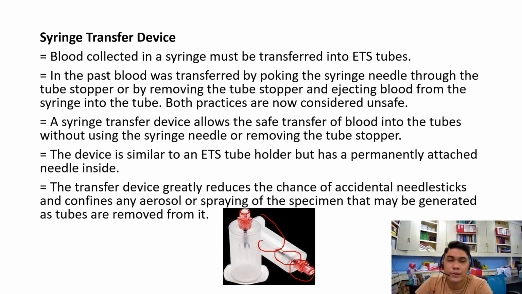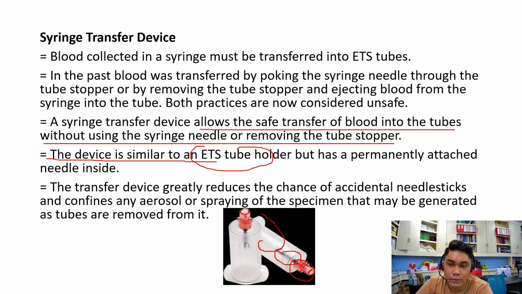Okay, so a syringe transfer device allows the safe transfer of blood into the tubes without using the syringe needle or removing the tube stopper. The device is similar to an ETS tube holder, like this one, but has a permanently attached needle inside. And it's a one-way needle, it's not a two-way needle. So the transfer device greatly reduces the chance of accidental needle sticks and confines any aerosol or spraying of the specimen that may be generated as tubes are removed from it.